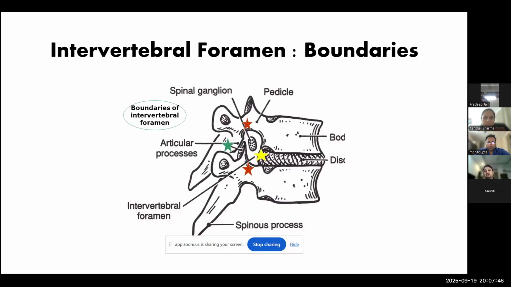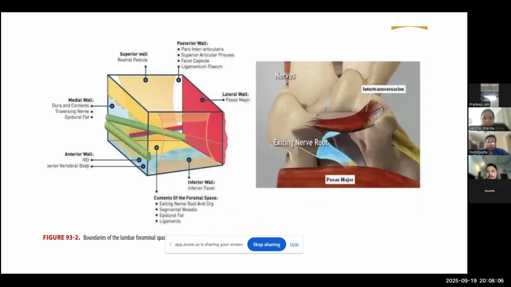So coming to the intervertebral foramen, as you can see, the boundaries of the foramen are formed medially by the medial margin of the vertebral body and the intervertebral disc, laterally by the articular processes, and superiorly and inferiorly by the pedicles. This is another diagram depicting the same, the walls which form the boundaries of the lumbar foraminal space.